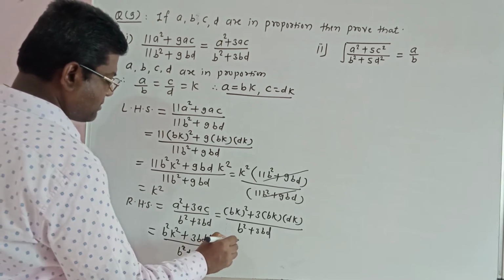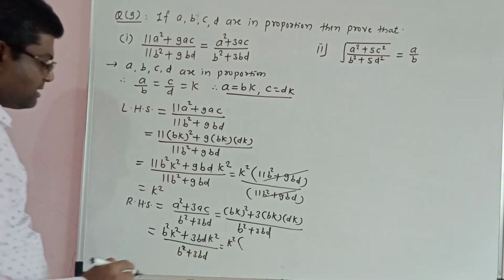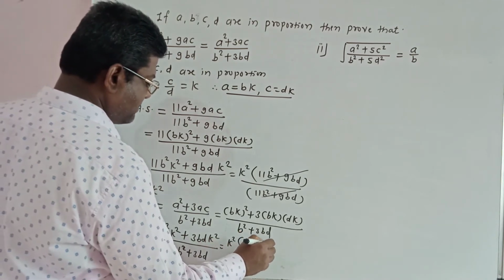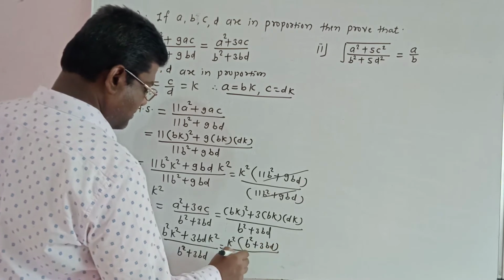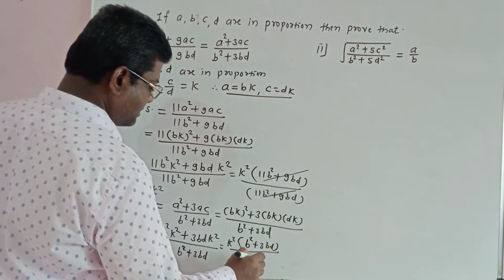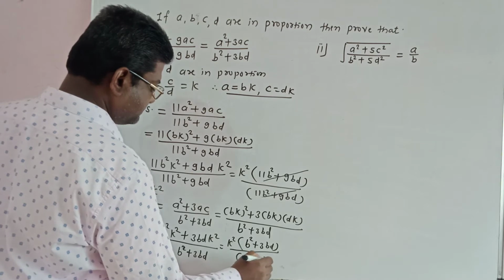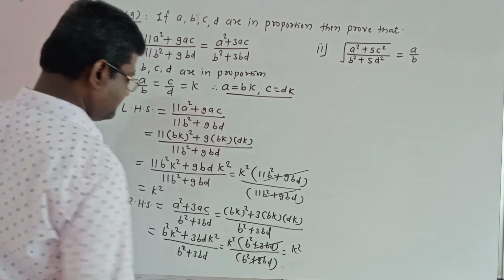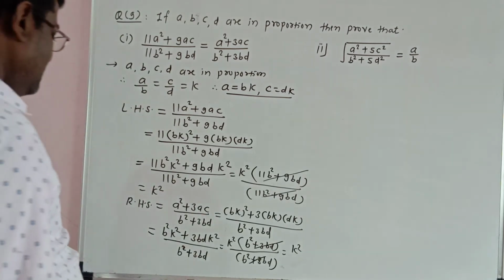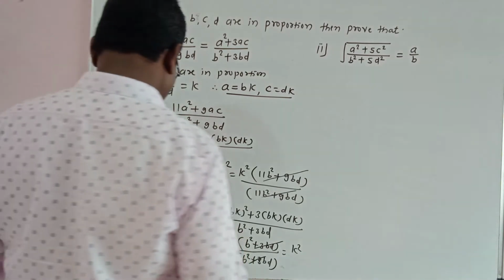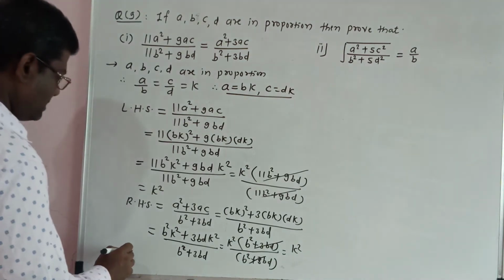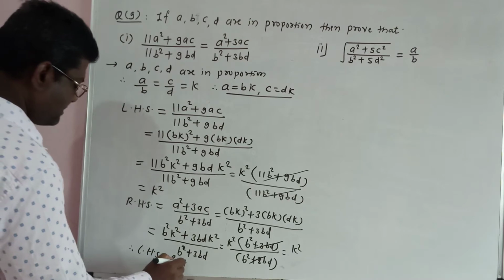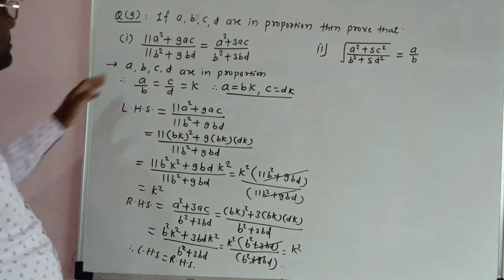Now take k square common, k square in bracket b square plus 3bd upon b square plus 3bd. Cancel, is equal to k square. Therefore RHS is equal to LHS. LHS is equal to RHS. Therefore this is proved.